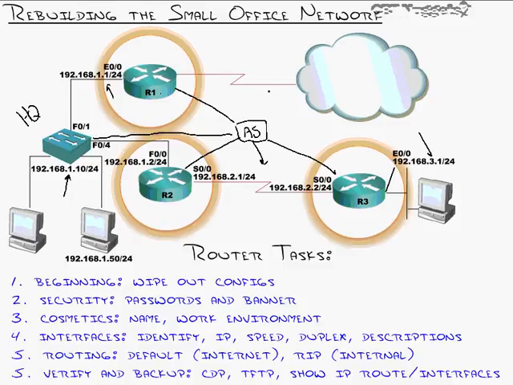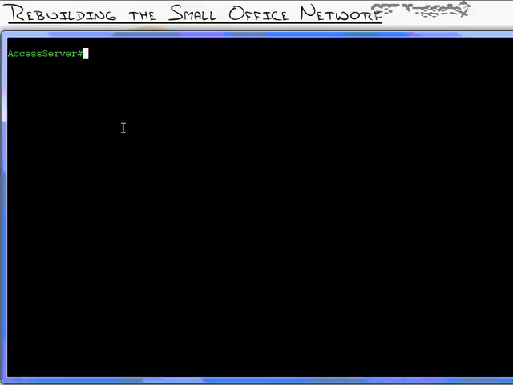It's a pretty awesome device that allows me to telnet into one box, and then it's known as a reverse telnet. I reverse telnet into the console connection of all the other routers. So when you see me go into the management console, I don't want you to be confused. All I have going on here is just an access server or reverse telnet connection to each one of the routers. So let's start off by wiping out the configs.